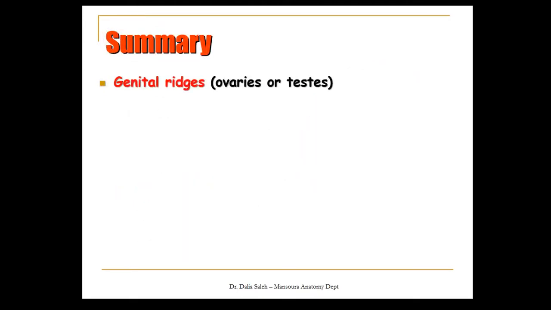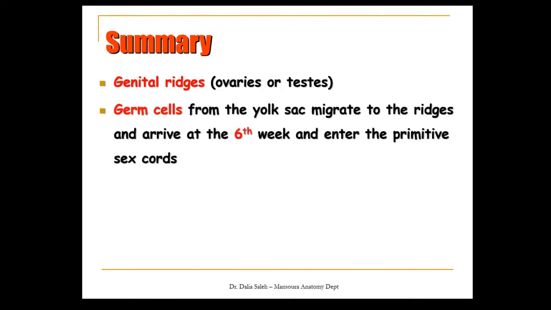So in summary, the genital ridges, which lie on either side of the midline like we mentioned before, and which are formed by the proliferation of the coelomic epithelium and the condensation of the underlying mesenchyme, can differentiate into either ovary or testis. Then the primordial germ cells on the wall of the yolk sac migrate to the ridges and arrive around the 6th week of development and enter the primitive sex cords.